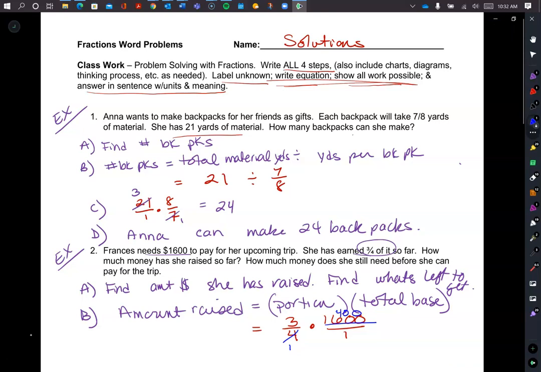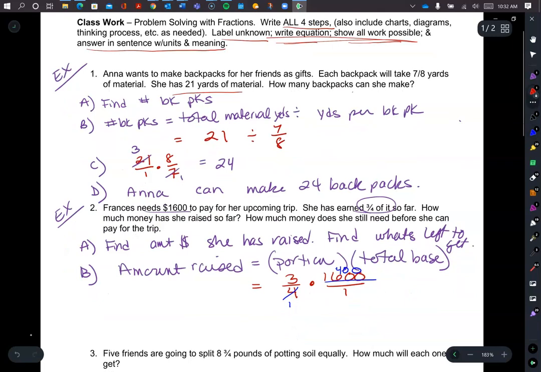So then we can see that we have 1200 that she has raised so far. Now in your head, you can think of that: half would be 800, and then another quarter of that would be 400. So that makes sense. That's a good, reasonable answer there.